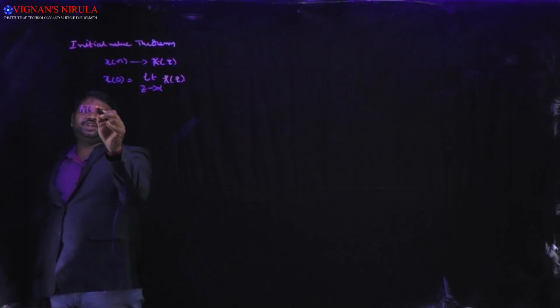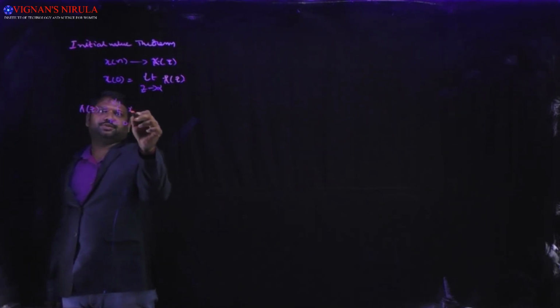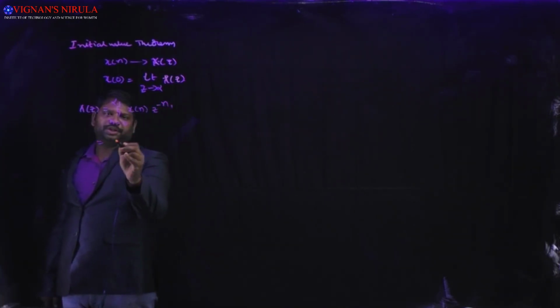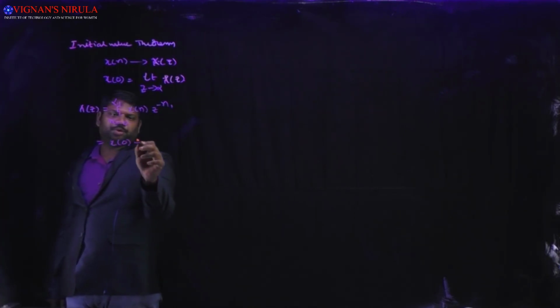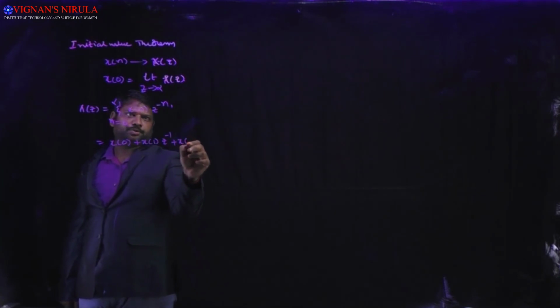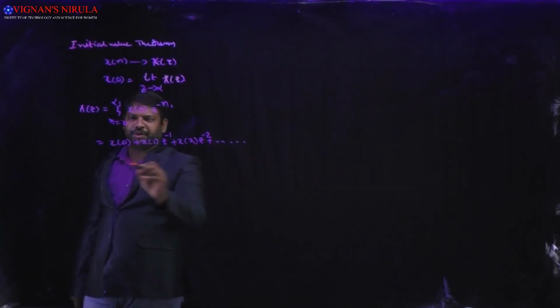Generally x of z will be given by the summation from n equal to 0 to infinity x of n z power minus n. Putting n equal to 0 and so on, that is x of 0 plus x of 1 z power minus 1, x of 2 z power minus 2, plus and so on to infinity.